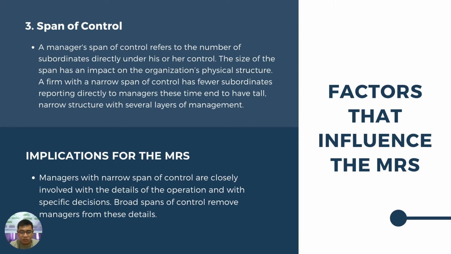These firms tend to have tall, narrow structures with several layers of management. On the other hand, firms with broad spans of control tend to have wide structure with fewer levels of management. So the figure 8-15 in our PDF will show that to you.